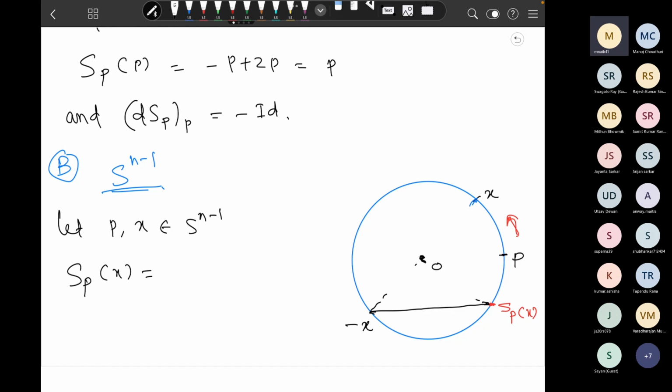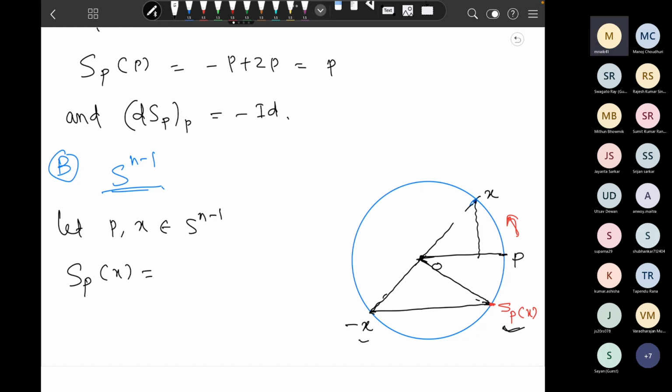You take this X, and there is an antipodal point minus X. If you go some distance from minus X in the direction of P, you will reach SP(X). So you have to calculate that distance. Draw this triangle like this.